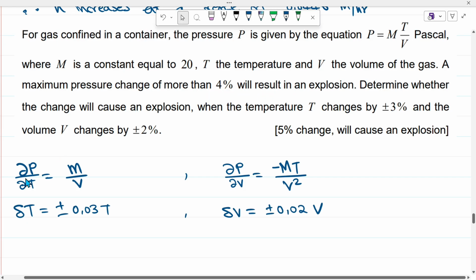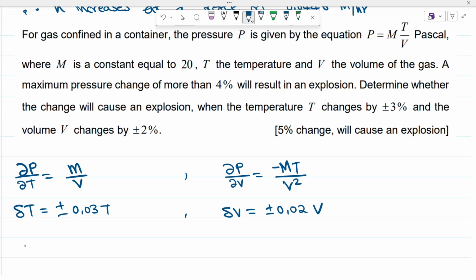So for us to determine that, we should calculate the maximum change in pressure. Let's write down our formula. The maximum change of P is equivalent to the partial derivative of P with respect to T multiplied by the change in T, plus the partial derivative of P with respect to V multiplied by the change in V.